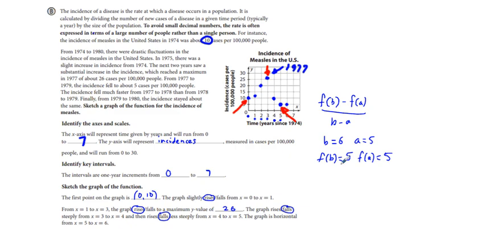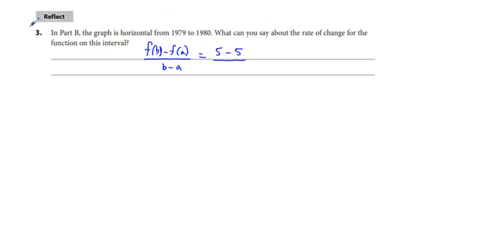Yeah, b is 6, a is 5, over 6 minus 5. So we end up with 0 over 1. So we can say the rate of change is 0.